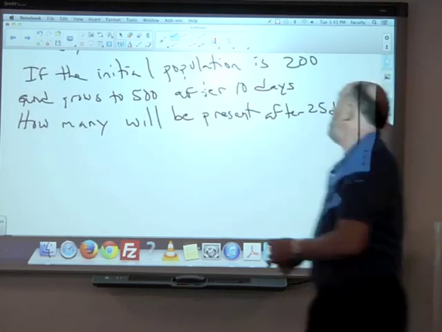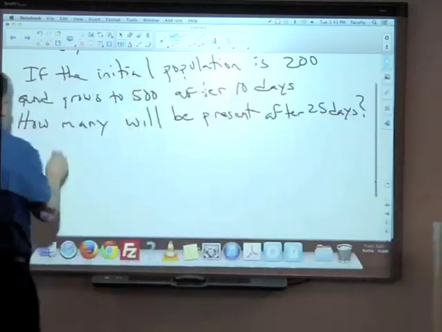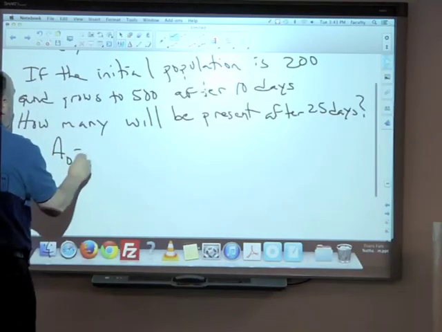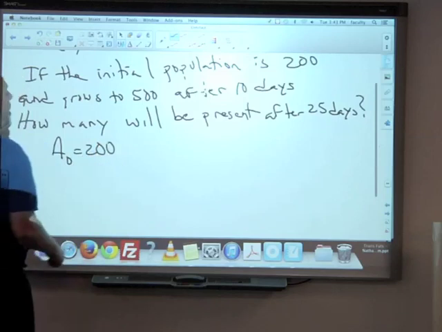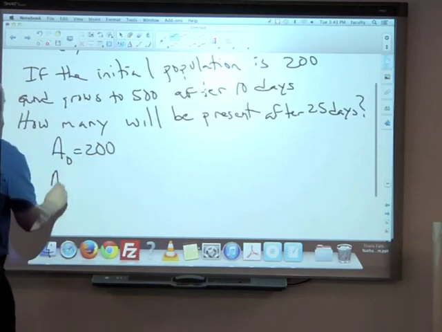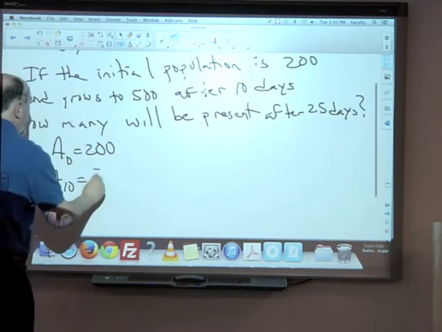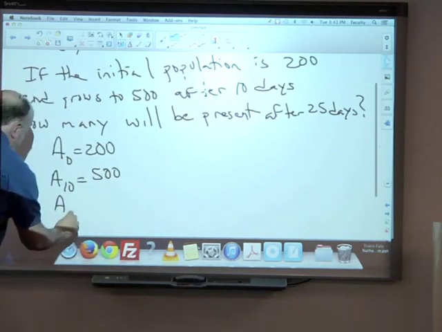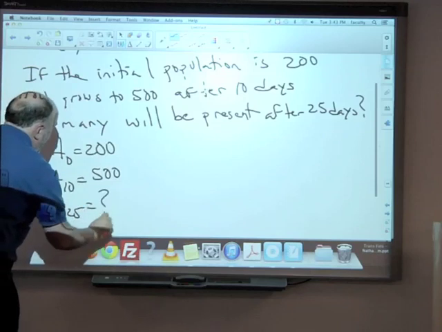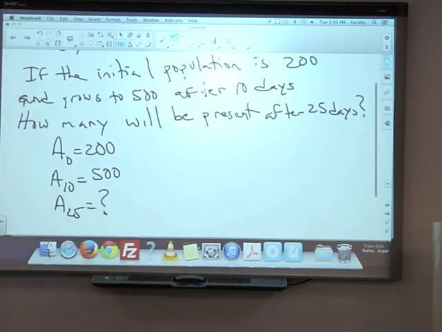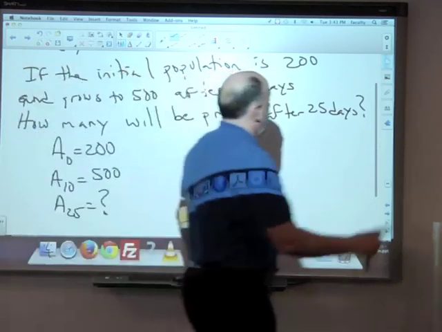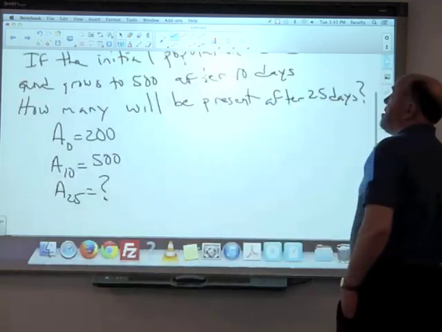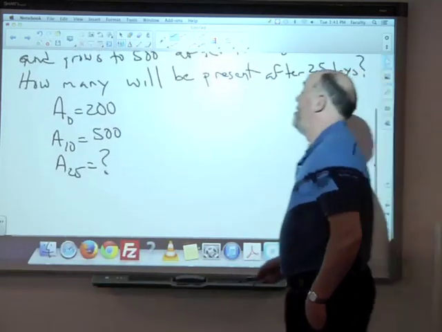So we got that A naught is 200. A sub 10 is 500, and A sub 25 is what I want to find. So I use the first two pieces to get my value of k.